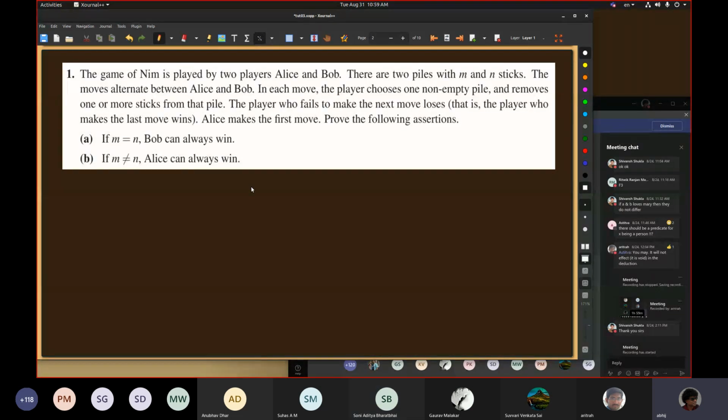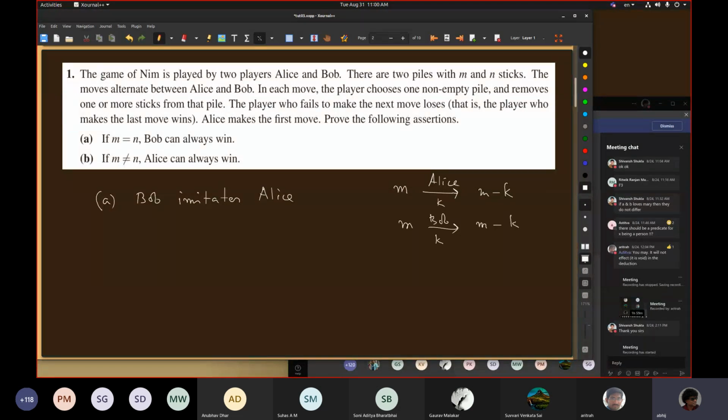So essentially it's a kind of inductive proof. For part A, the essential thing is that Bob simply imitates Alice. So Alice takes K, then Bob will take K sticks from the other pile, so that the condition M equal to N is always satisfied.